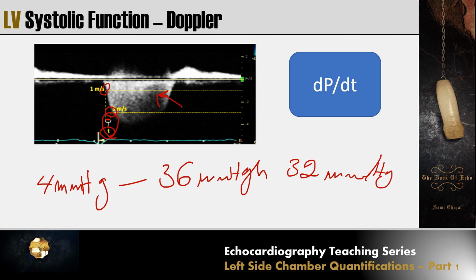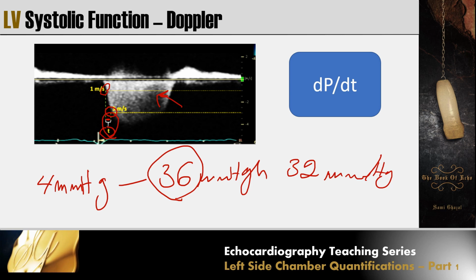As you note here, 36 is way below the aortic pressure, particularly the diastolic aortic pressure. In order to open the aortic valve, you need to exceed the pressure in the aorta, at least the diastolic pressure. 36 is way below that.